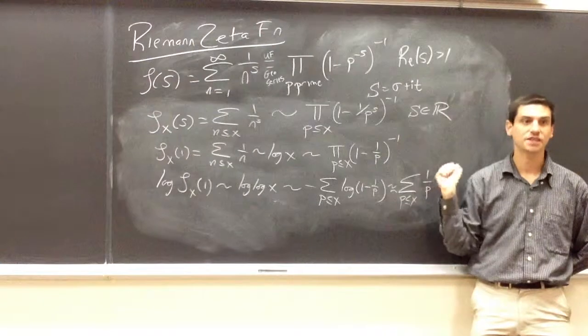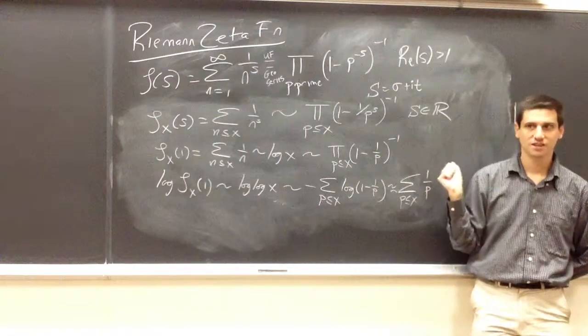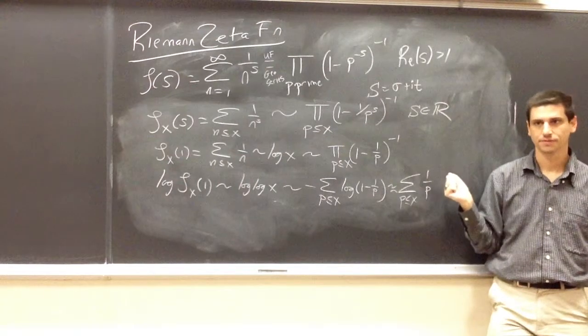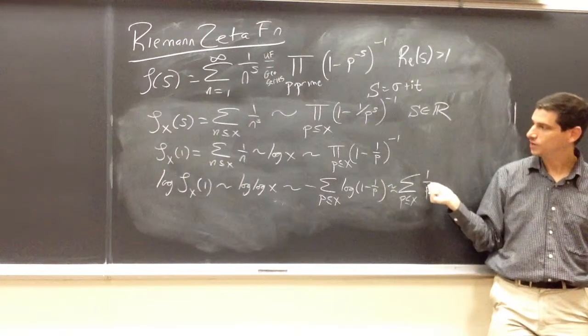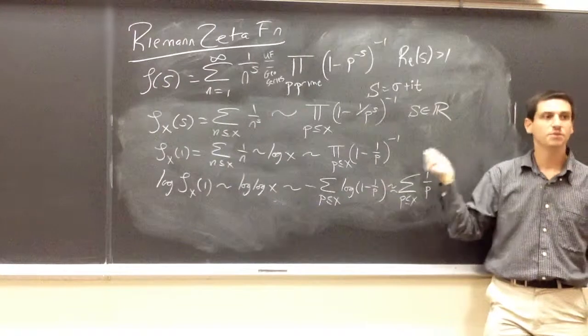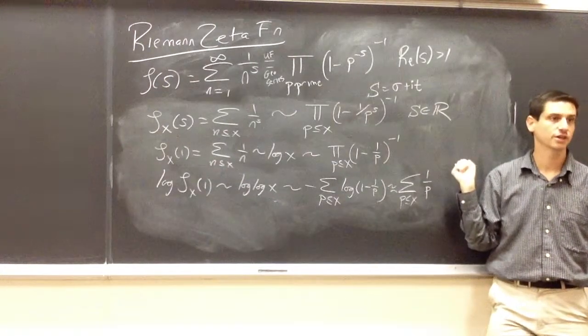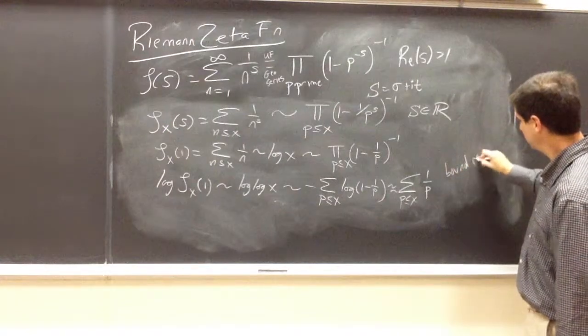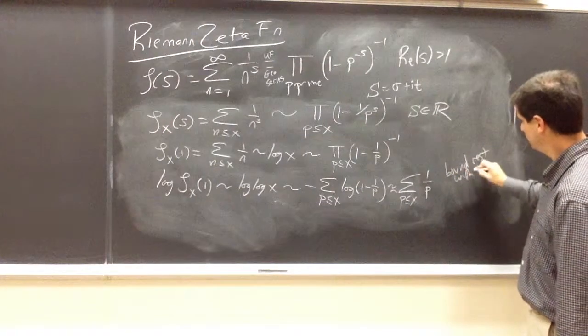So not only do you get that there are so many primes that there are infinitely many, you get some idea of how rapidly they're growing. Now, of course, this is not quite right. I've got other terms, but the other terms that I'm dropping give a convergent thing. You can bound the rest with geometric series.